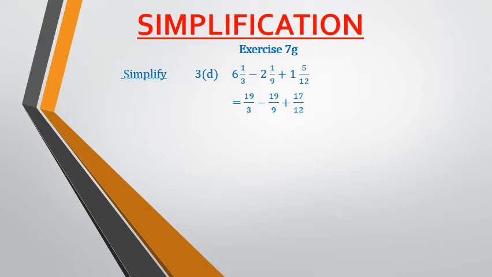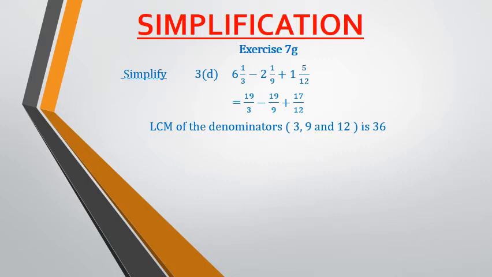And now children, what is the next step? Well, in the next step we have to find out the LCM of the three denominators. So the LCM of 3, 9 and 12 is 36, right?